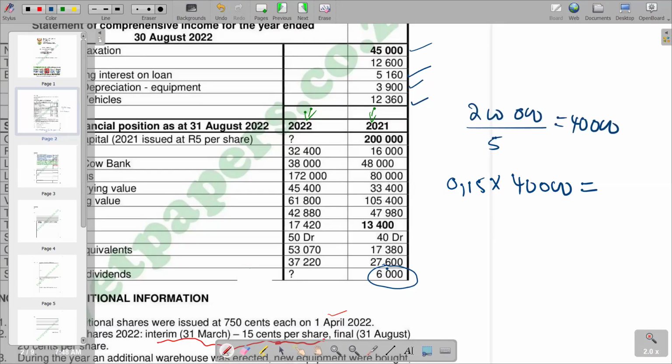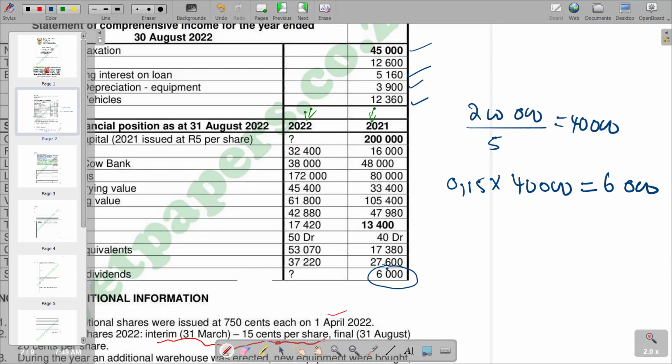If you calculate 0.15, which is 15 cents, times 40,000, you are going to get your answer, 6,000. So we have got 6,000 as our interim.